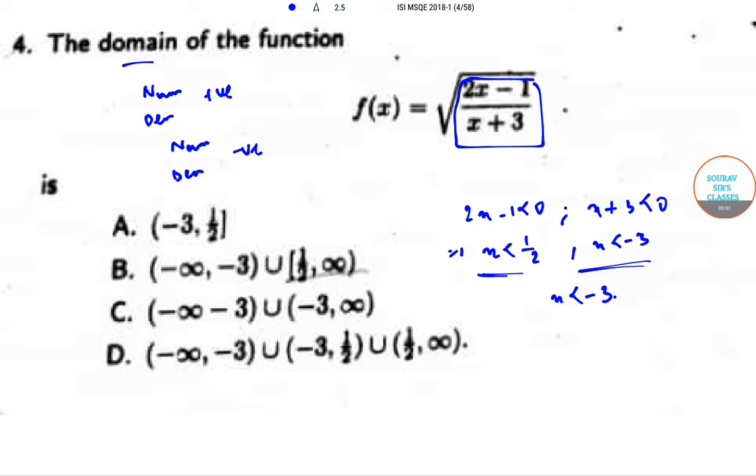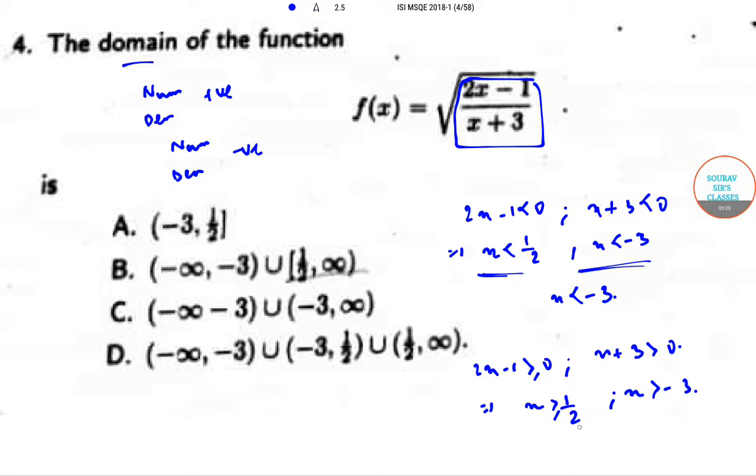Now when both are positive, so 2x minus 1 greater than 0 and x plus 3 greater than 0. So from here we get x greater than or equal to half and x greater than minus 3.